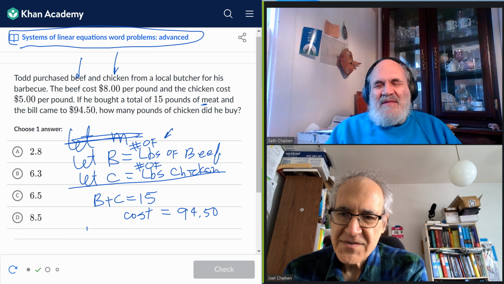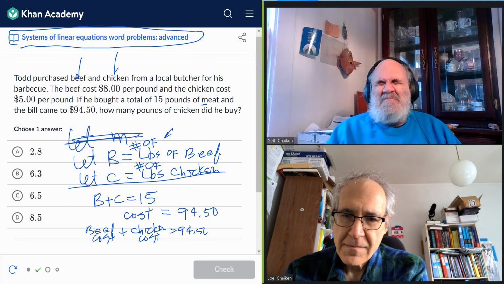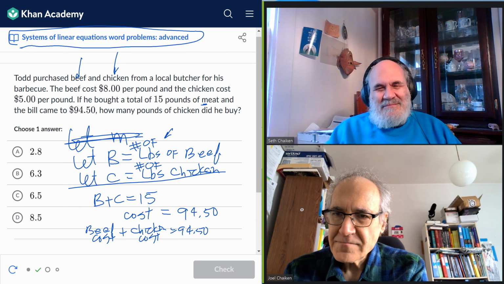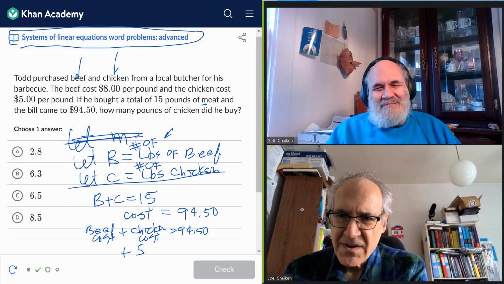And so the total price for a quantity of chicken is the price per pound of chicken, which is given to you as a number, times C. The chicken costs $5 a pound, so that's 5 times C, which we don't know.